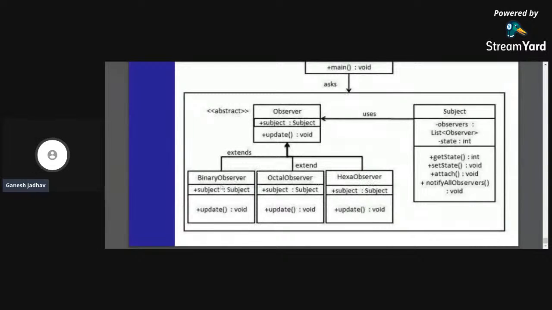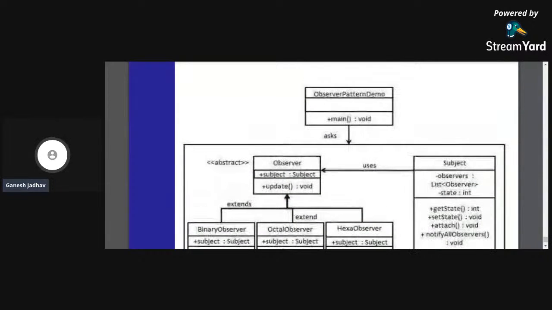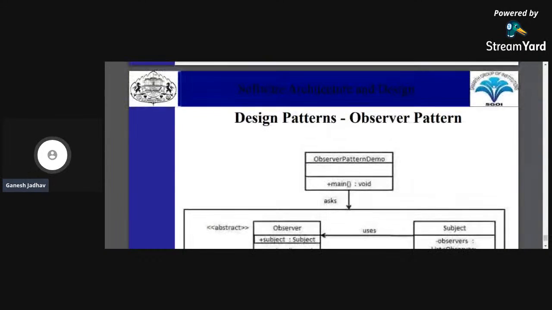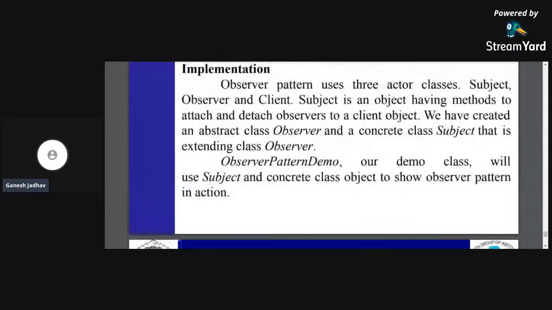So this is a number of objects, one, two, three, with a one to many relationship. They extend from the observer class, and by using these observer classes we get the relationship between one and many classes.